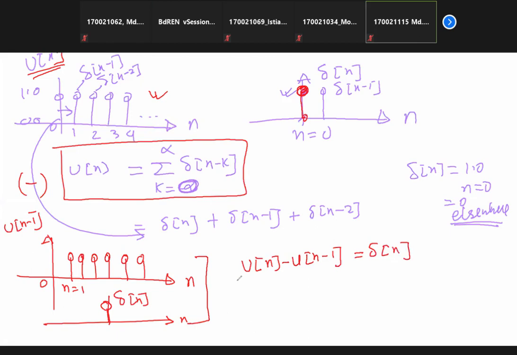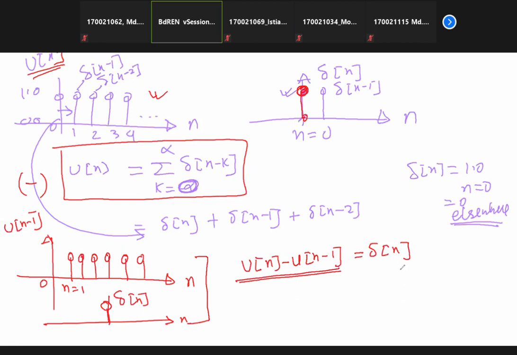This is your difference equation. You have learned finite difference in your numerical technique. Differencing means you have two consecutive values in the continuous domain.